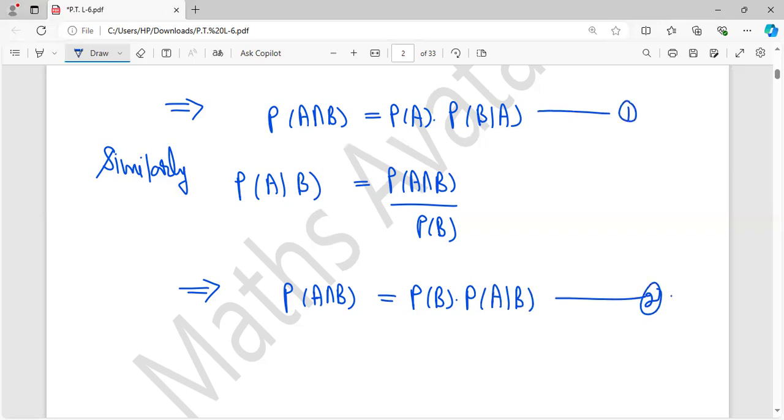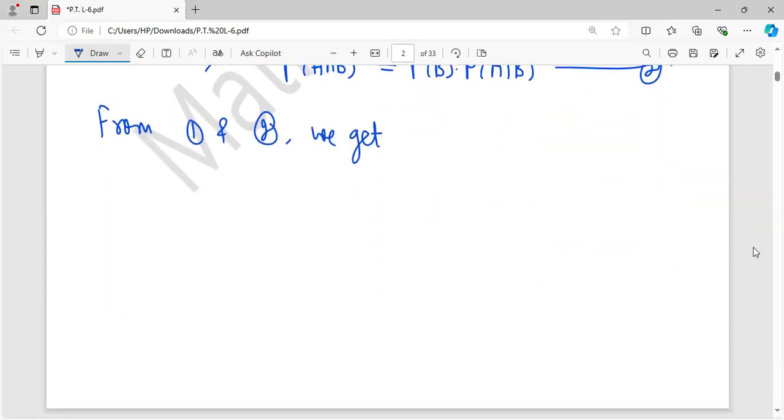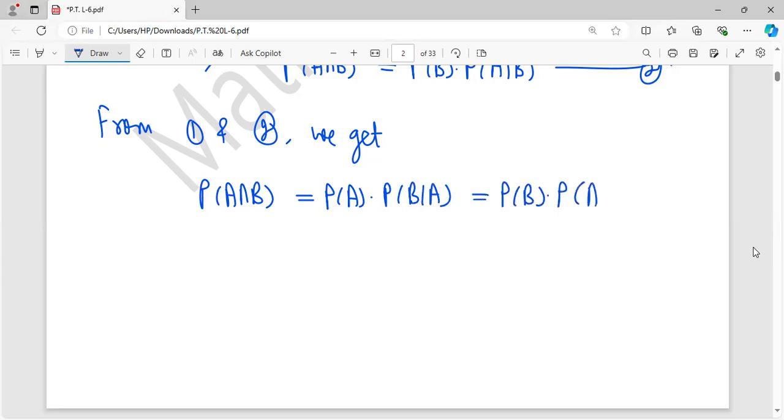So from 1 and 2, we get P of A intersection B is equal to P of A into P of B relative to A is equal to P of B into P of A relative to B. So this is proved now.